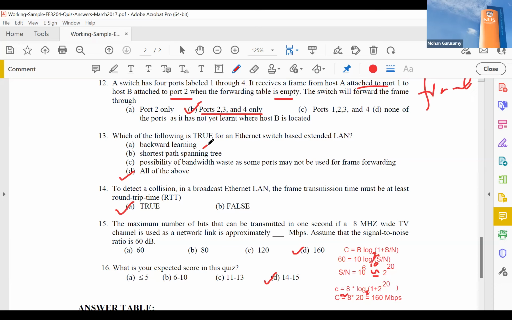Then C, possibility of bandwidth waste, as some ports may not be used for frame forwarding. That's also true, because when you form a tree, some ports may not be active. That means we are not using those ports for frame sending and receiving. So the answer would be D, all of the above. A, B, C, all are true.